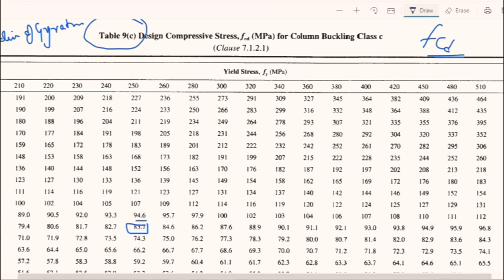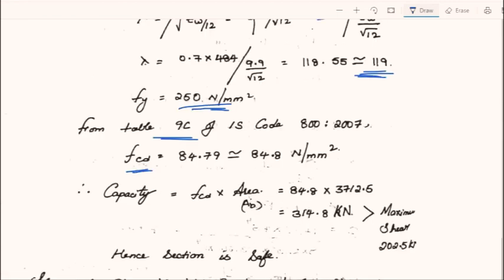So take 110 value and 120 value, and by interpolation find out the value of 119. So you can easily say that the value is going to be between 94.6 and 83.7. Right. So it is going to be around 84 from our calculation, that is 84.79.